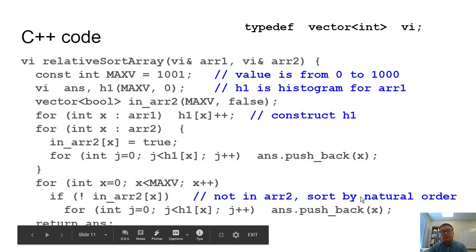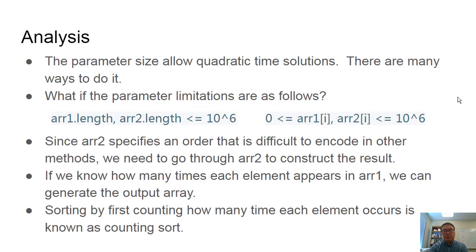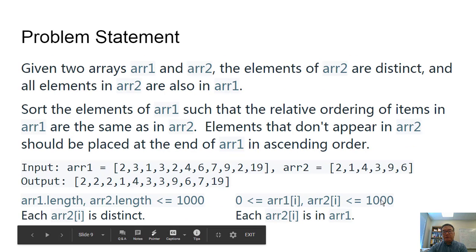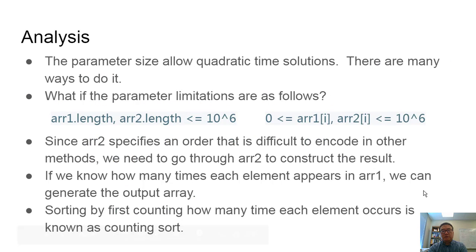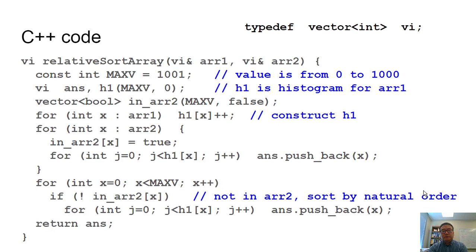But the line of adding things to the answer is bounded by the size of array 1. So for the parameters of this problem, where the original bound is 10 to the 3, just 1000, the complexity is linear in 1000. Okay.